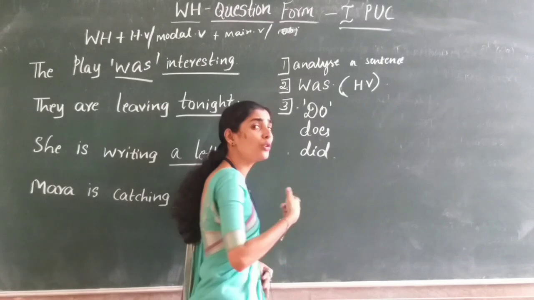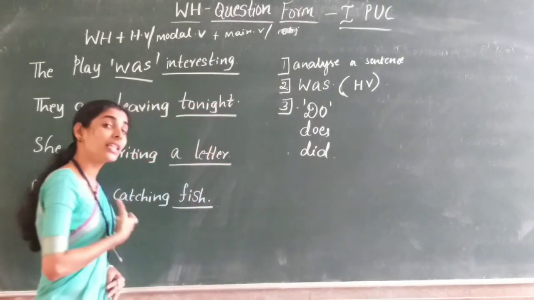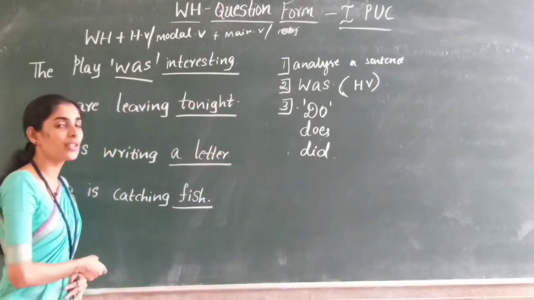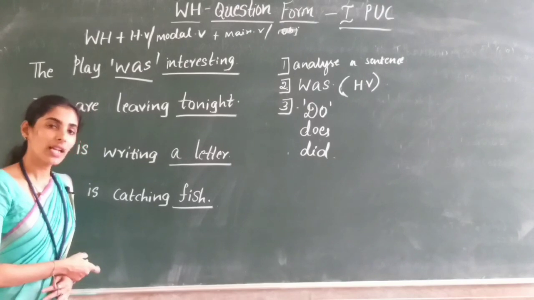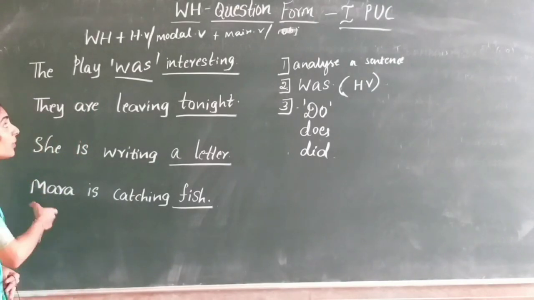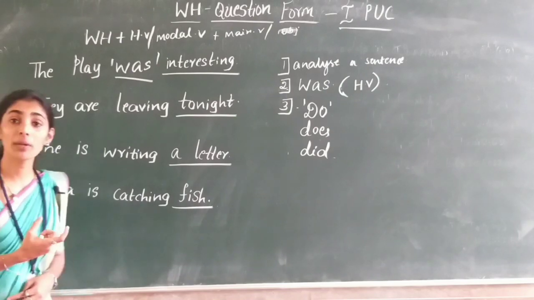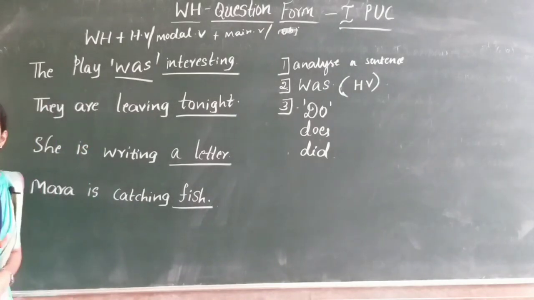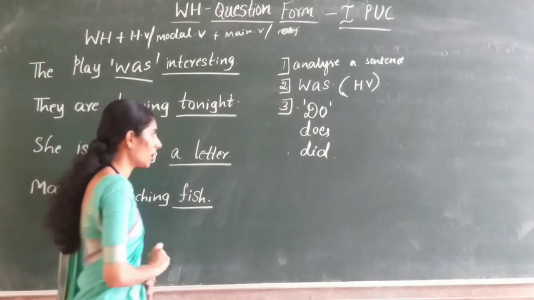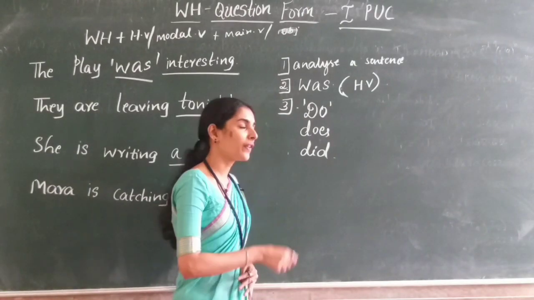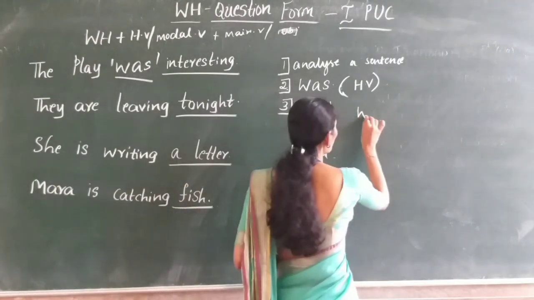So how do we identify the tense of the given sentence? As I said, you have to identify the verb there. Verb is Kriya Pada, action word. For instance, let me give you an example.